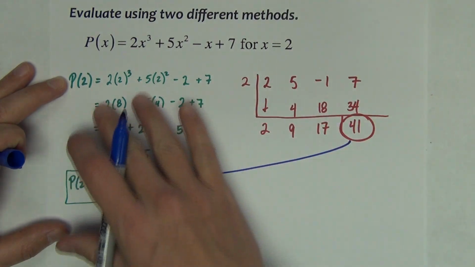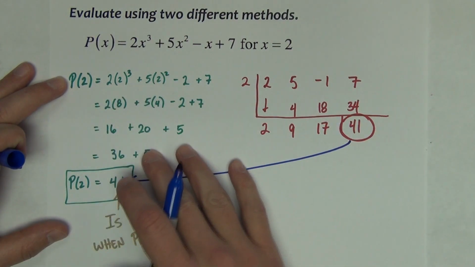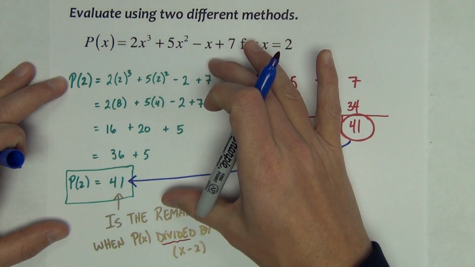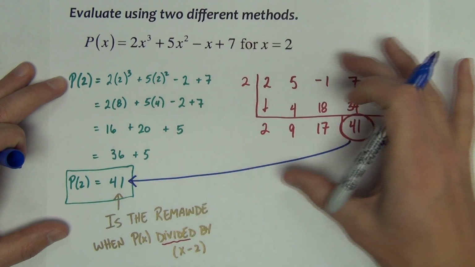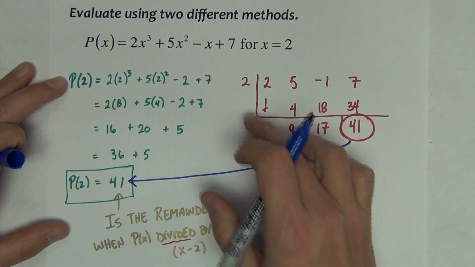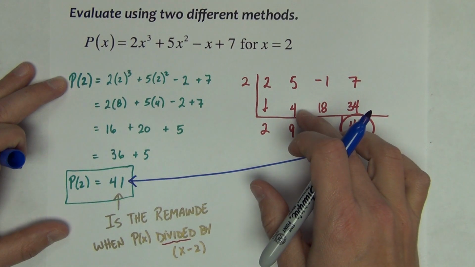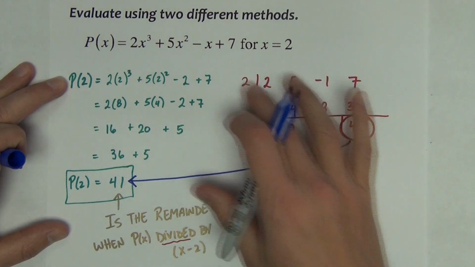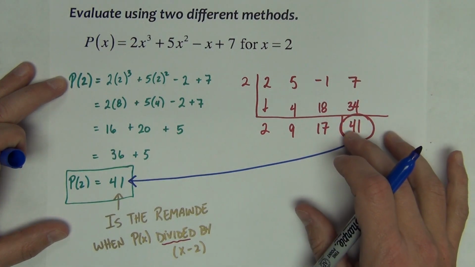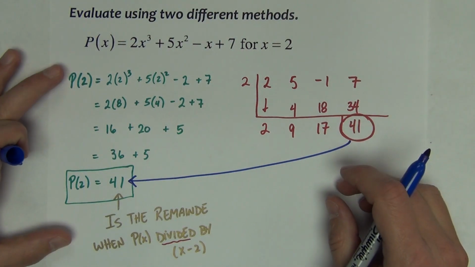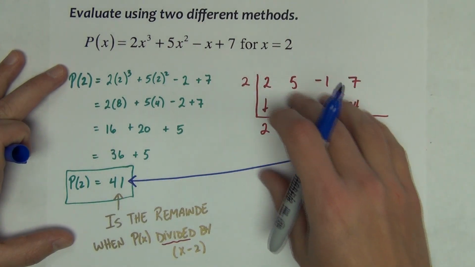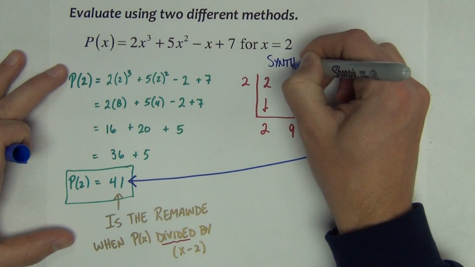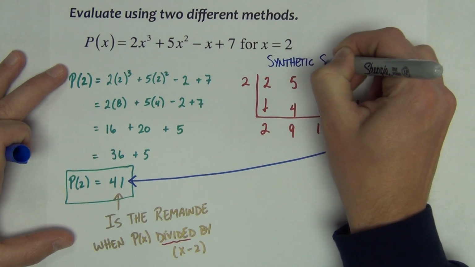So what's easier to do? Was working through all these steps and following order of operations correctly easier, or was this easier, to just do repeated multiplication and addition? That's all I did here. I multiply, add, multiply, add, multiply, add, all the way until I got my answer. A lot of people find that this is a little bit easier. This is called synthetic substitution.